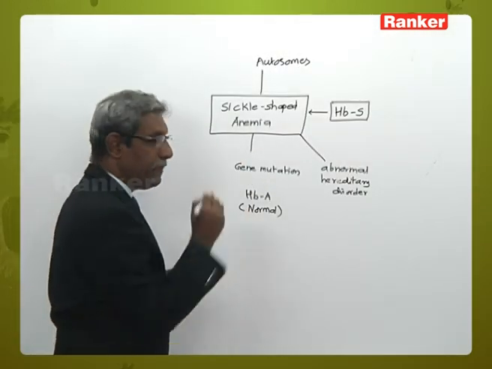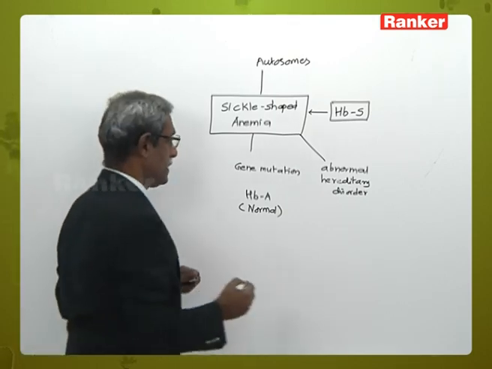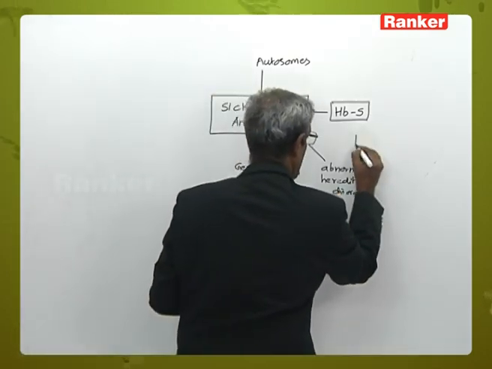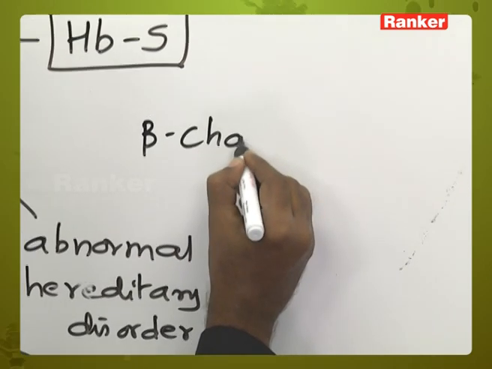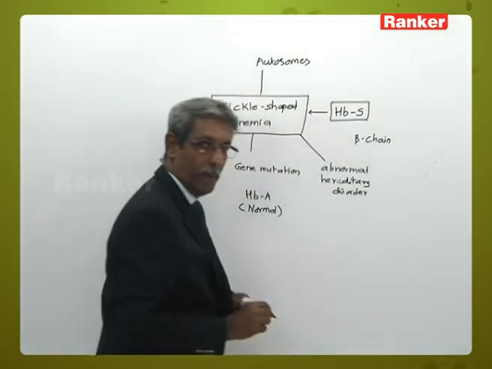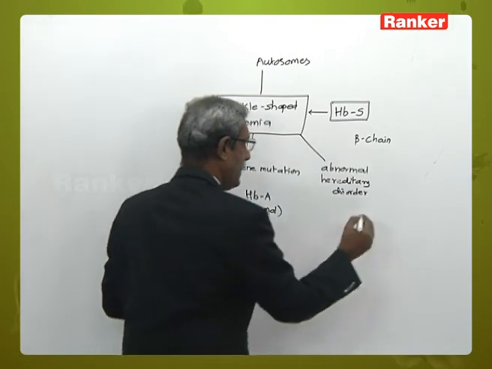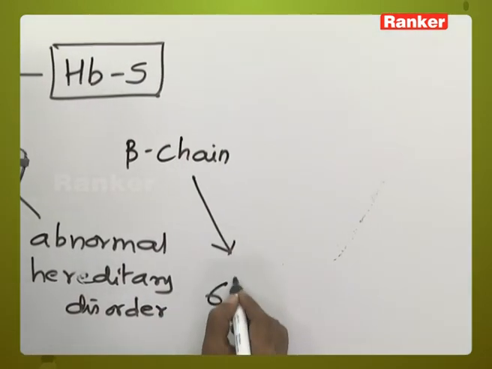So in HbS, what actually happens? We have the hemoglobin, we have the beta chain, and in the beta chain, we have the 6th amino acid.